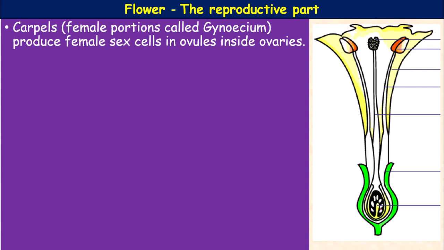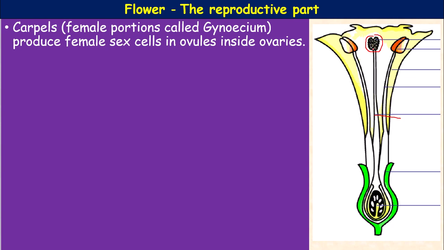It is called ovary. The ovary continues into a long tube-like structure, that is called style. This is called a style, and ends in a knob-like part. So this is the knob-like part. It is called as a stigma.